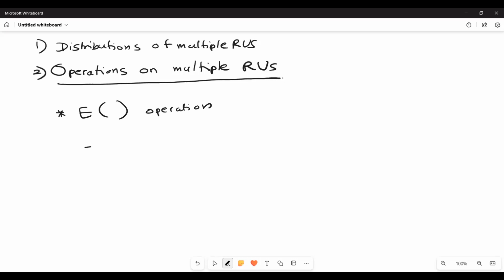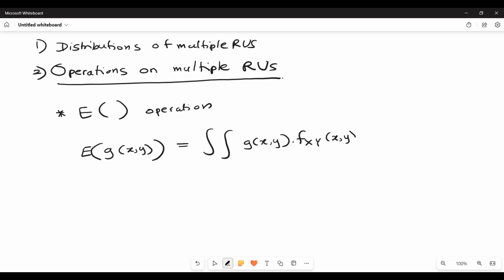If we take the expectation operation on a joint random variable, a distribution function defined by two random variables, then we can denote it mathematically as g(x,y) times the probability density function f(x,y), and we integrate it over x and y.